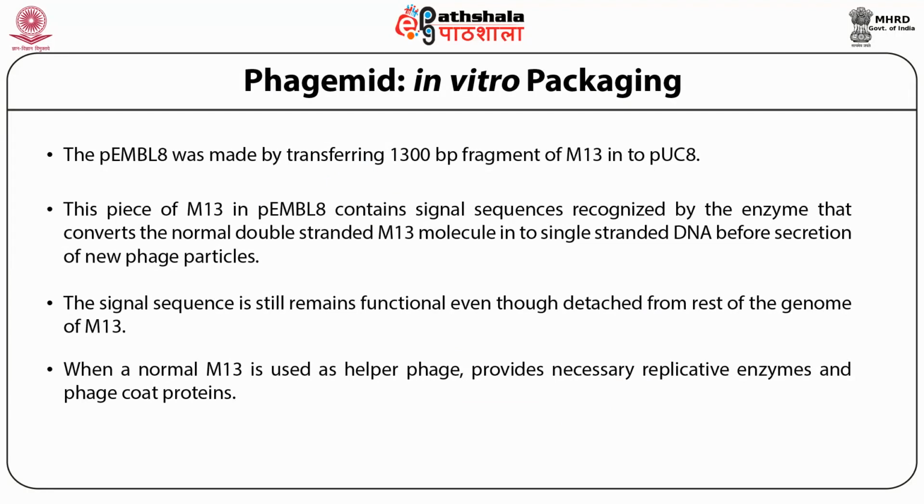This piece of M13 in pMBL8 contains a single sequence recognized by an enzyme that converts the normal double stranded M13 molecule into single stranded DNA before secretion of new phage particles. The signal sequence still remains functional even though detached from the rest of the M13 genome. When a normal M13 is used as helper phage, this provides the necessary replicative enzymes and phage coat proteins.